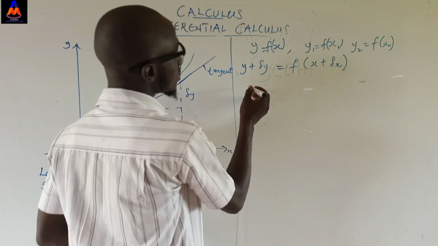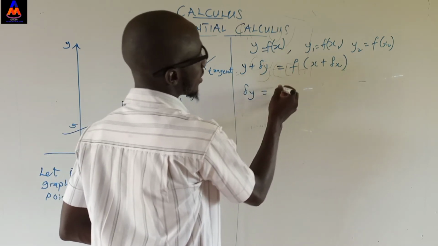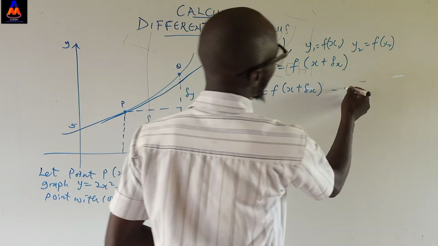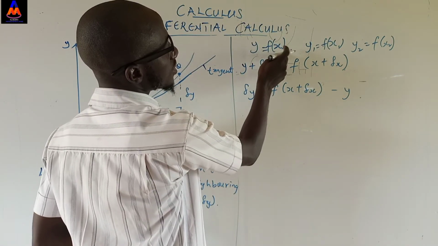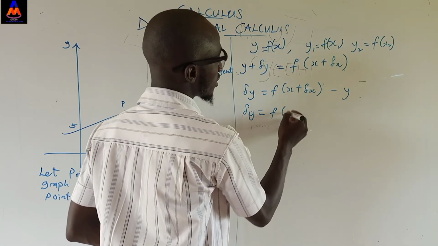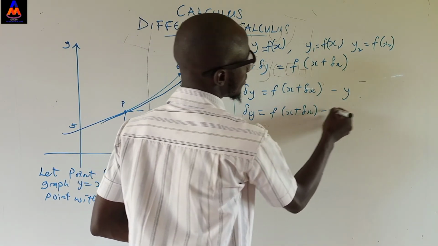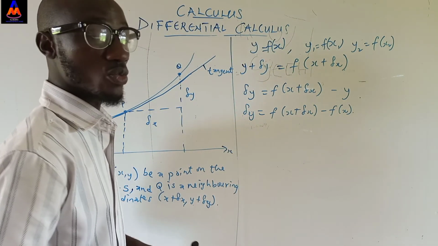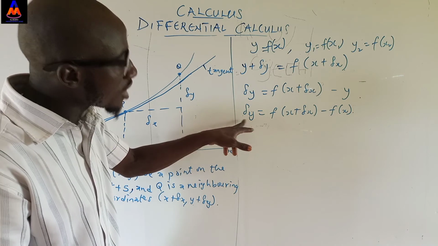Then we can say this one will stand alone, change in y equals f of x plus change in x minus my y. And we have established here that my y is a function of x. So you return that here. That's f of x. We still go back to the initial point we established. Now this is my change in y.